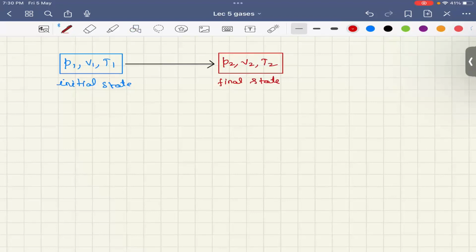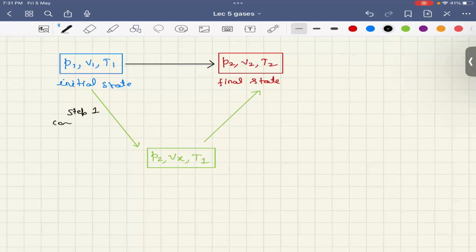To achieve this, we take a detour like this, which is P2 Vx T1. Step 1 is at constant temperature, and step 2 is at constant pressure. The expression which we have just derived, PV by T equal to constant, is what is called the ideal gas law, right?